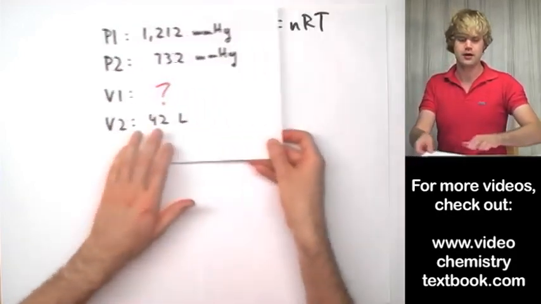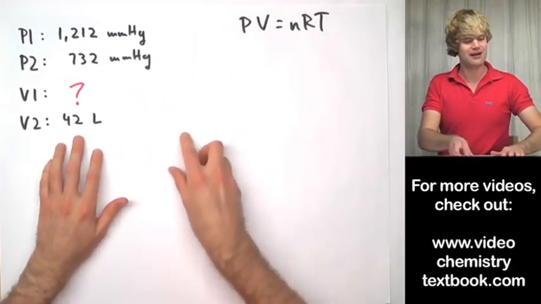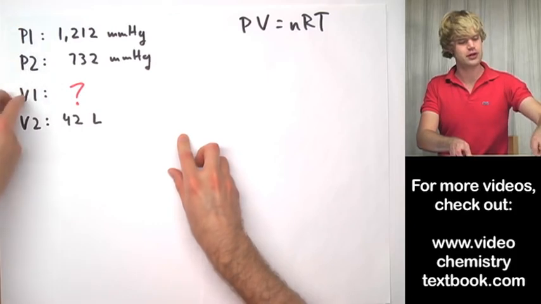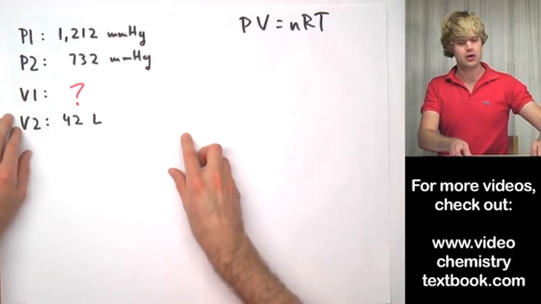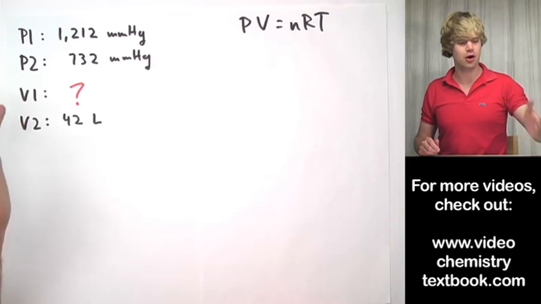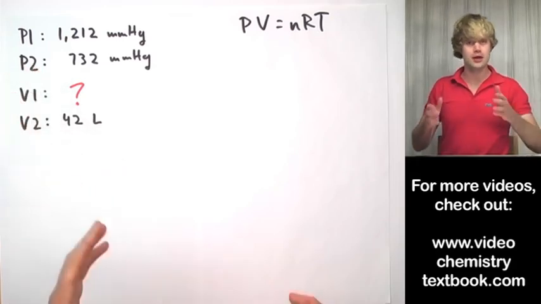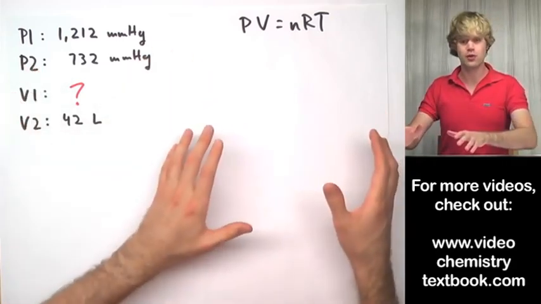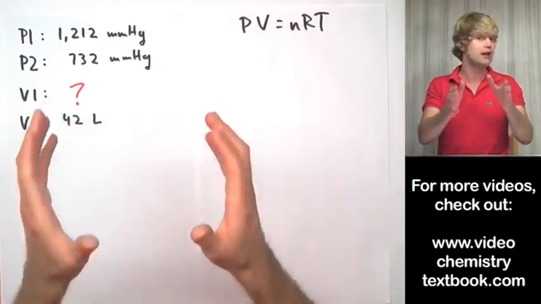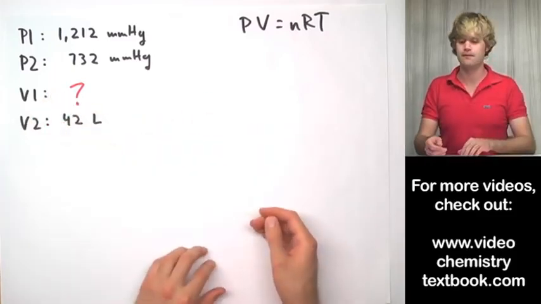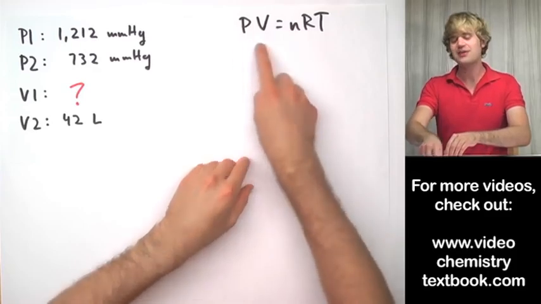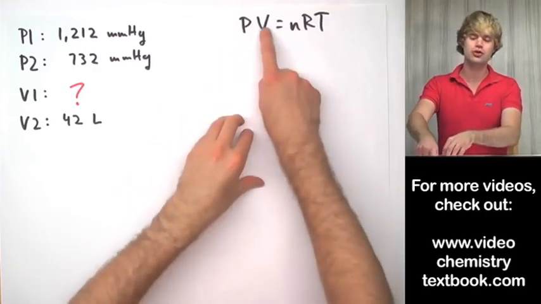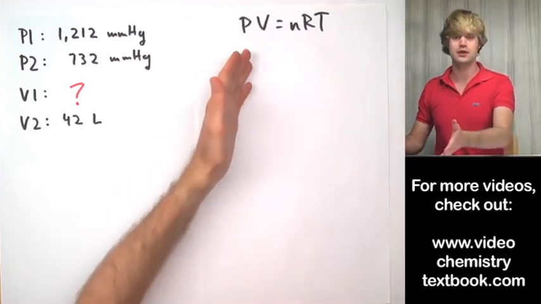Here is one where I have an initial pressure, a final pressure, initial volume, and final volume. So the variables that I'm interested in are pressure and volume. As before, I want to rearrange the equation so that I have pressure and volume by themselves on one side. That was easy. The ideal gas law is already written so pressure and volume are by themselves on one side. Okay?